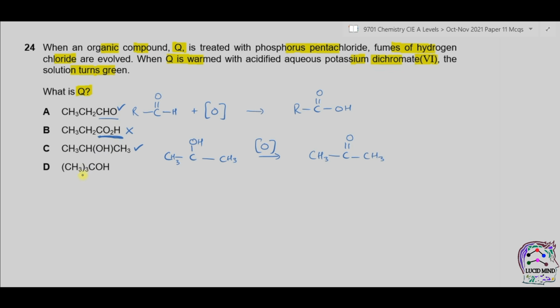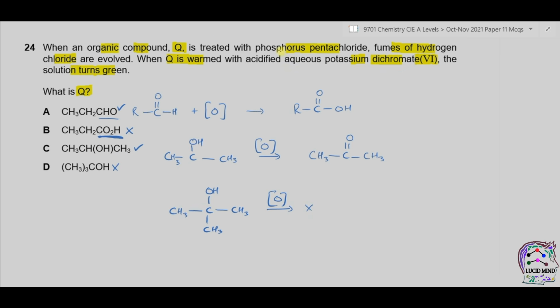And in last one, we have tertiary alcohol, in which 3 CH3 groups are directly attached to the carbon atom having OH group. So tertiary alcohol does not get oxidized.